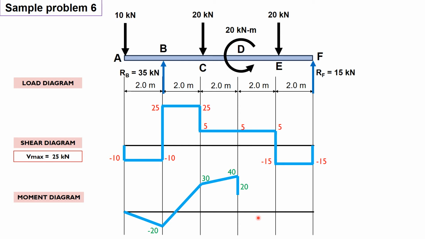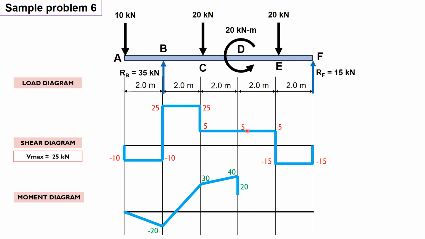And then, punta ka dito sa E. So, from positive 20, so dahil ito ay positive area, so 20 plus this area which is 5 by 2 is 10. So, 20 plus 10 is 30.